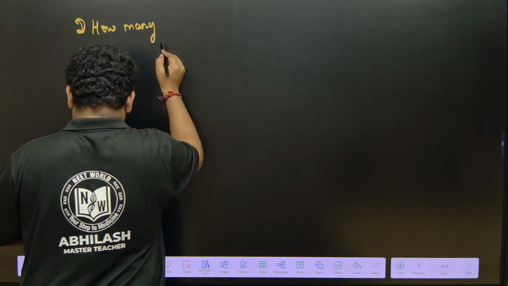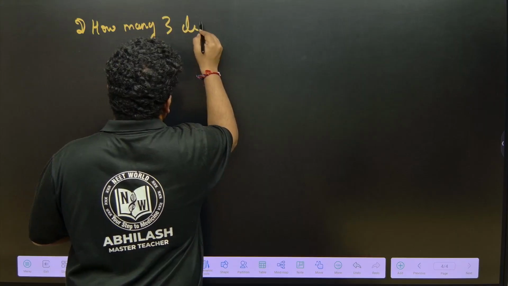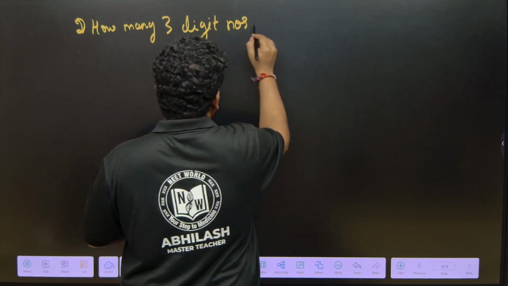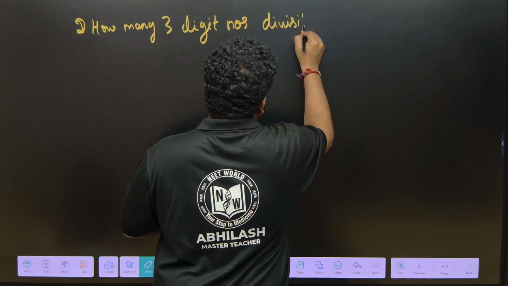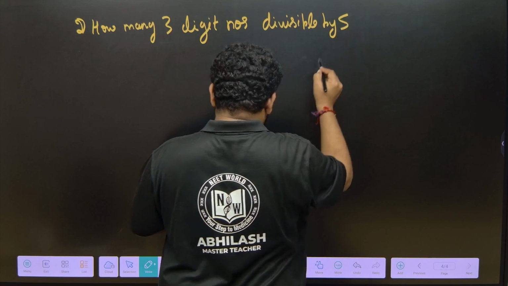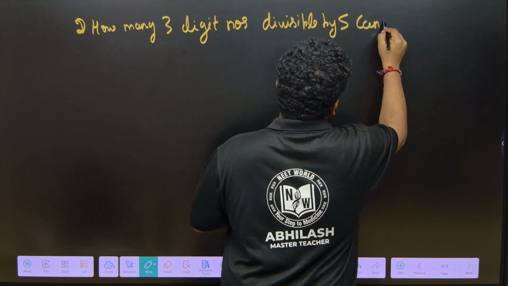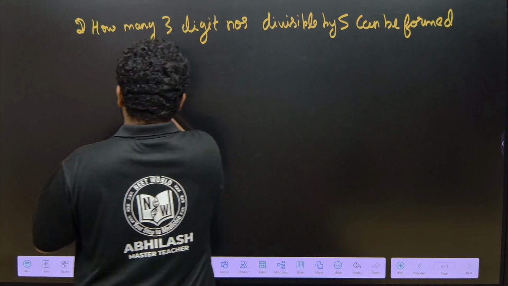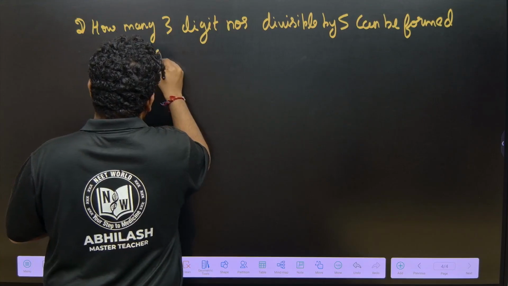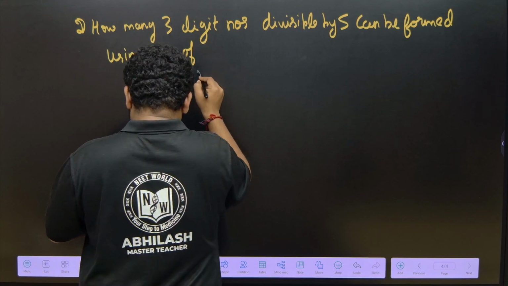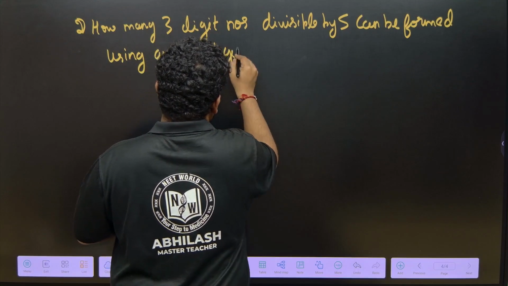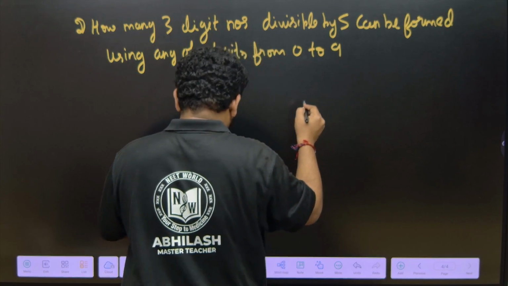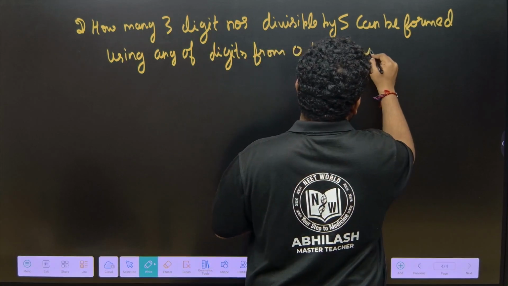How many 3-digit numbers divisible by 5 can be formed using any of the digits from 0 to 9 without repetition.